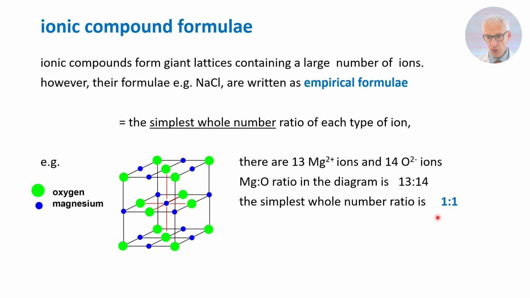The simplest whole number ratio is 1 to 1, bearing in mind this is just a small section of the giant lattice. So we write the formula of magnesium oxide using the empirical formula, the simplest whole number ratio, 1 magnesium to 1 oxygen, MgO, the empirical formula.